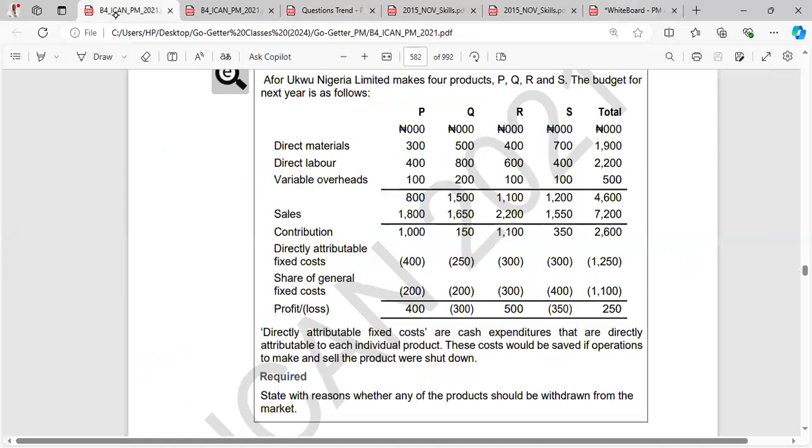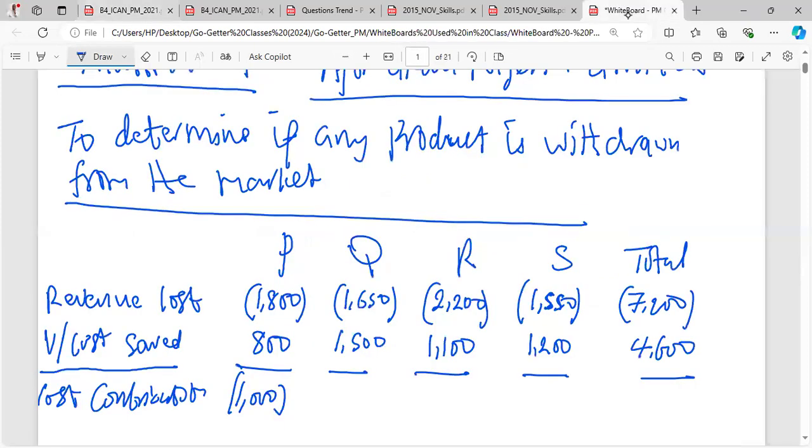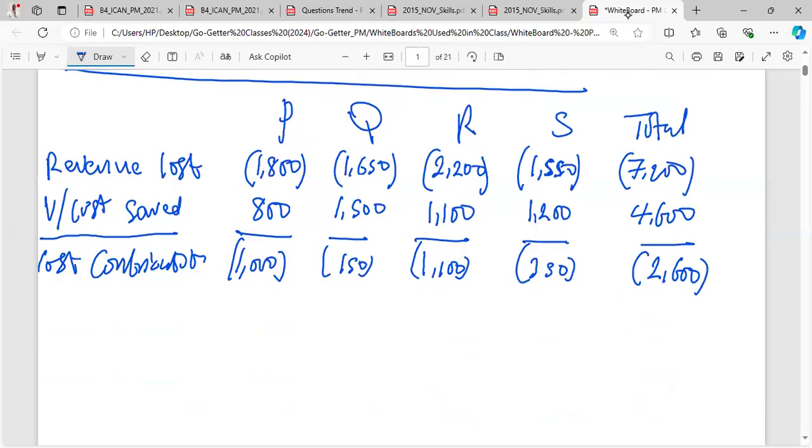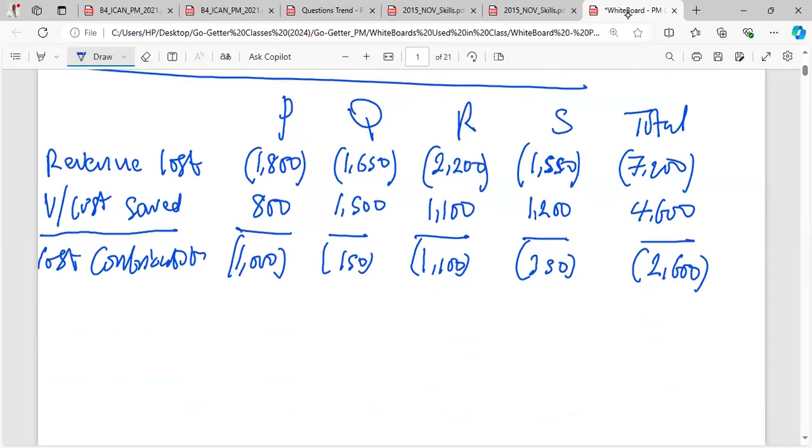This is 150, 350, 150, 11, 350, 26. So this is the lost contribution. Now this is the contribution that you are going to lose.